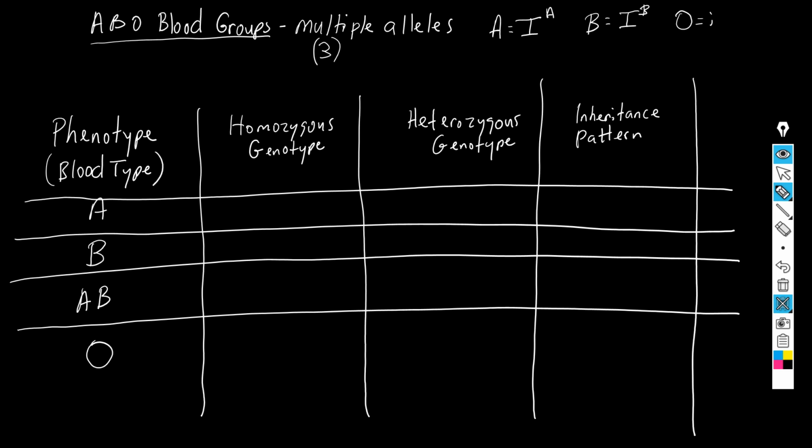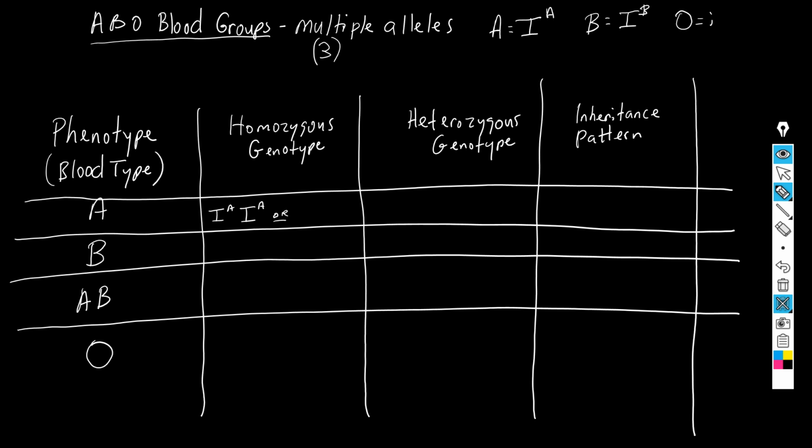So for type A, the homozygous genotype, if we refer back up to our allele assignment, a homozygous A would be capital I^A, capital I^A. I'm going to show you how you can do this a little bit differently, because you're advanced enough to go back and forth and do these types of problems interchangeably.